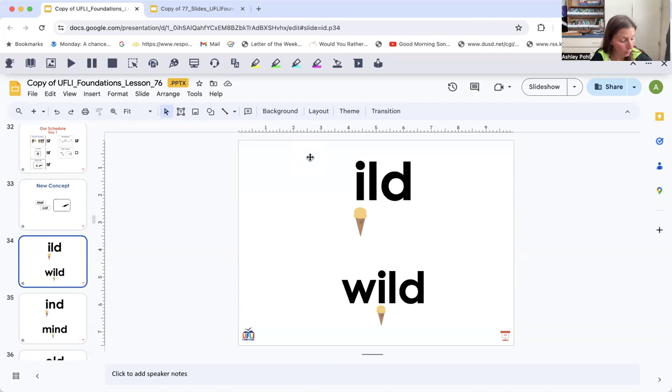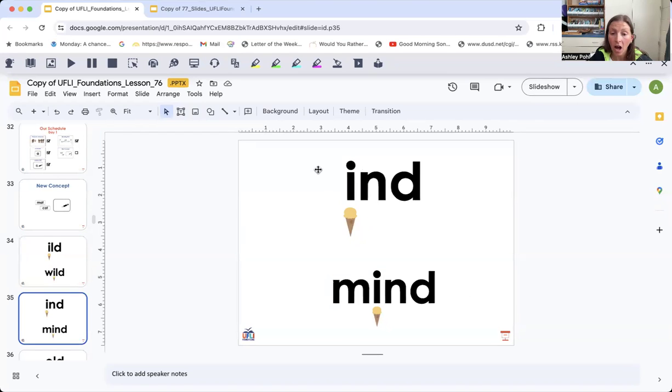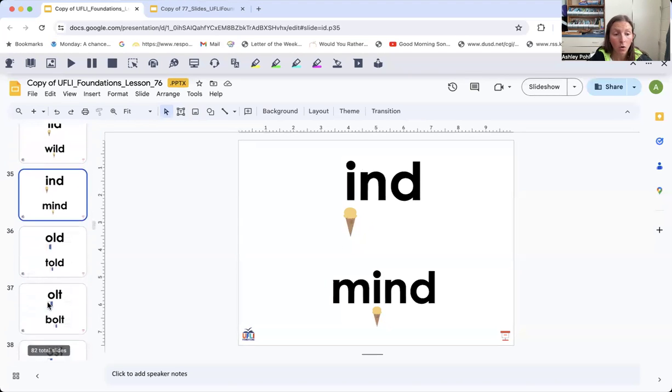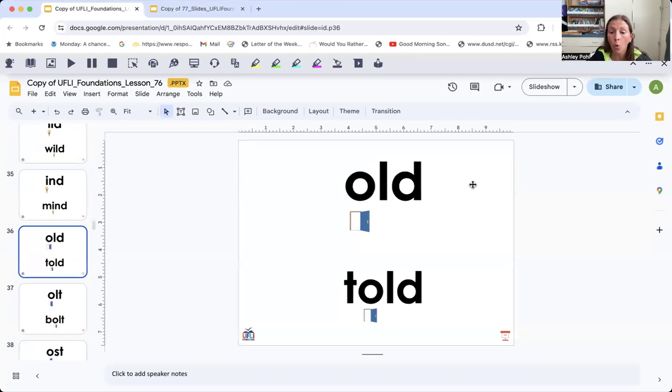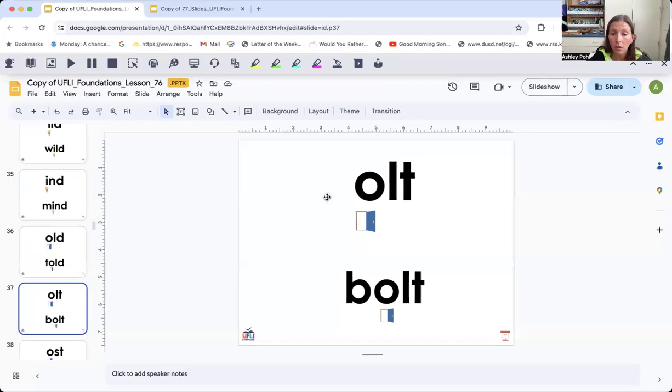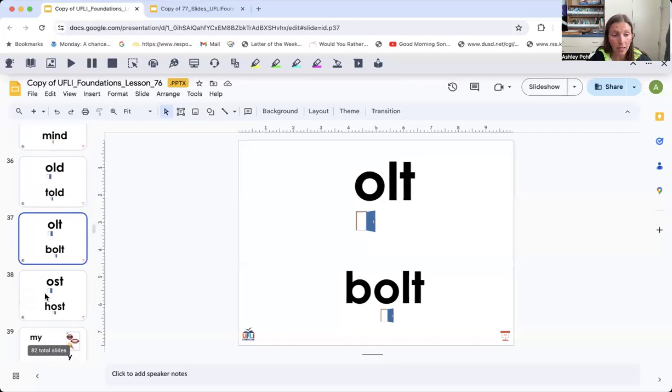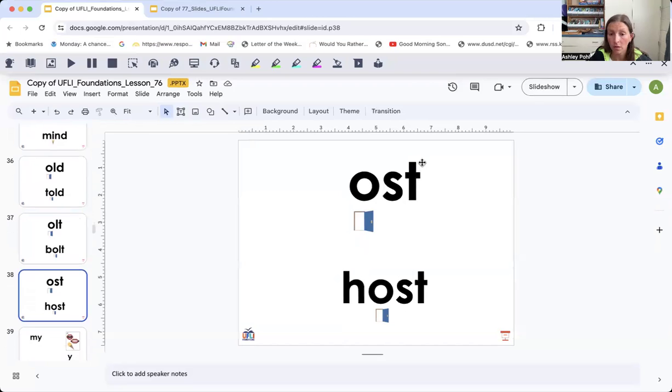We reviewed words with different ending patterns, like the "ild," where there's a long I, for example in the word wild, or "ind," where there's a long I again, like in the word mind, or the ending pattern "old," where the O is saying its name, as in told, "olt," as in bolt, again O is saying its name, and "ost," as in host.